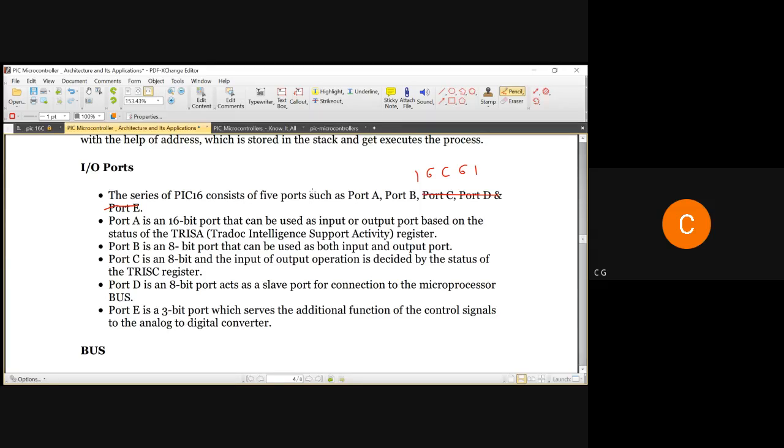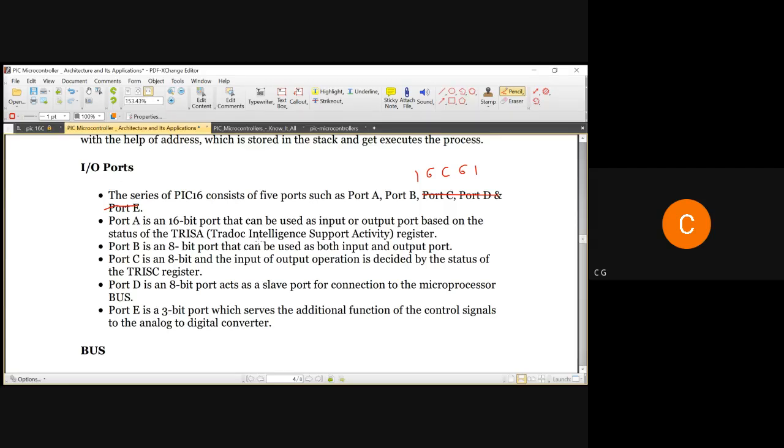Port A is a 6-bit port that can be used as an input or output port based on the status of the TRIS register. So each port is designated by its particular code when you want to access it. That port is now considered as a kind of register which is attached to the CPU.